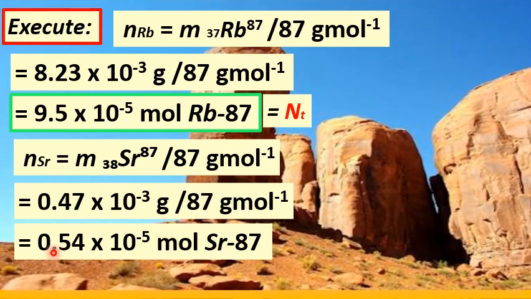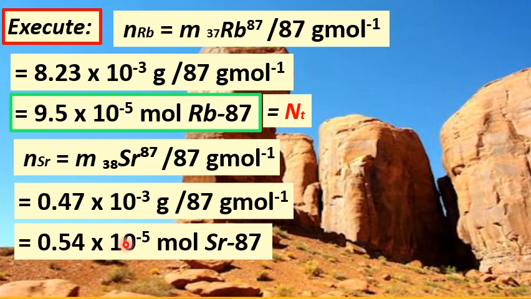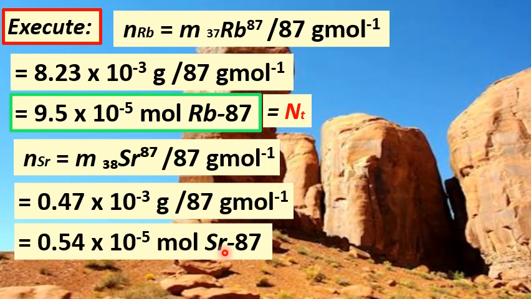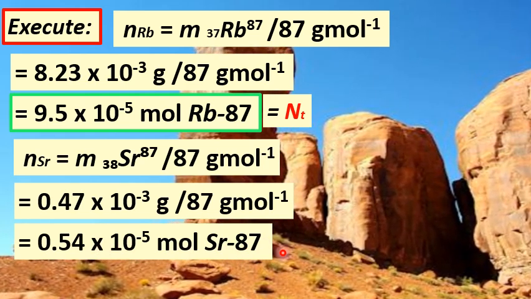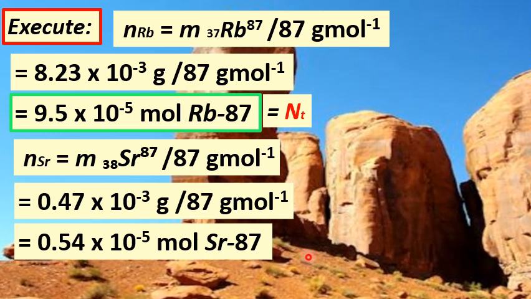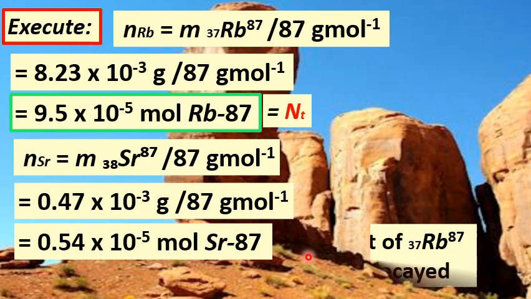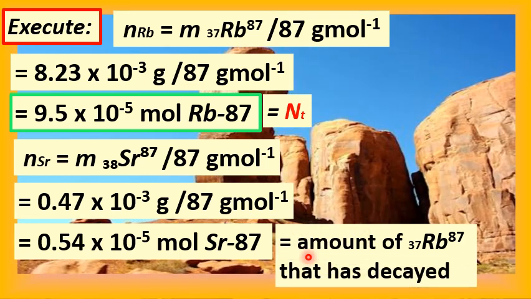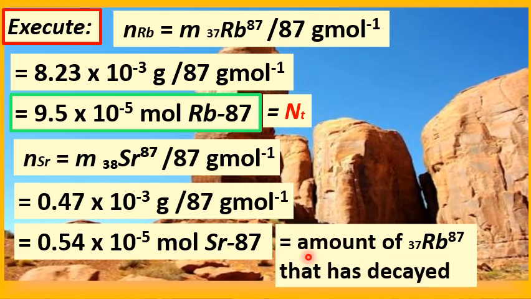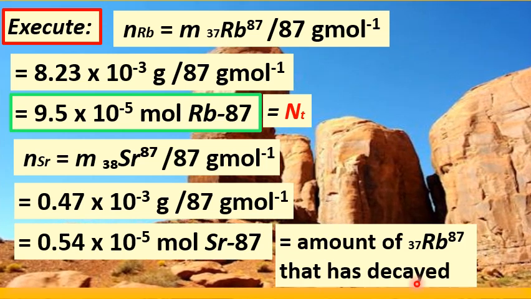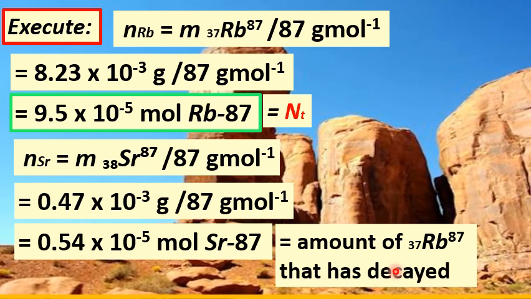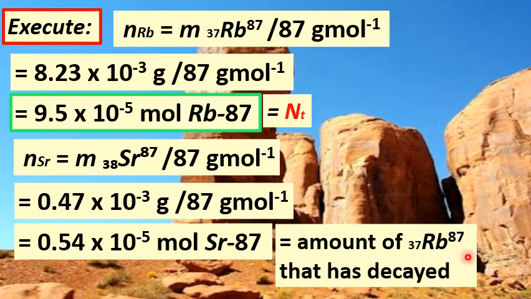We get 0.54 times 10 to the negative 5 moles of strontium-87. This is at time t. And that represents also the amount of rubidium-87 that has decayed since time t naught.